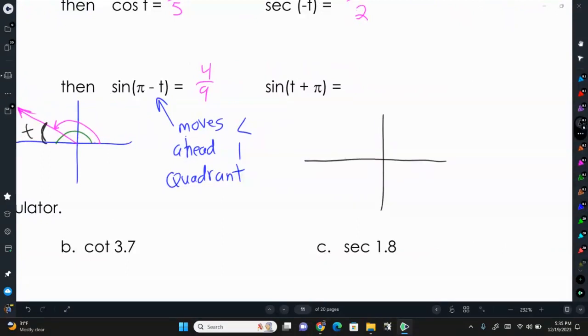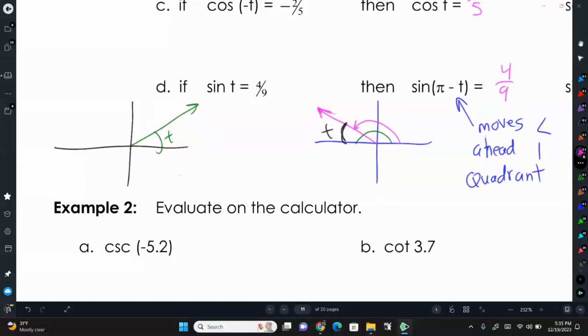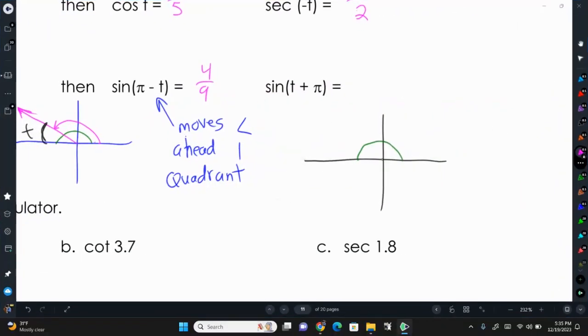So it's going to be similar where pi is our half circle, but now I have to go further by t. And remember, t is this angle right here. So it's actually going to be this rotation, because this part right here is t, and we added that to pi. Well, in quadrant 3, our y values are negative, so it'll be negative 4/9.